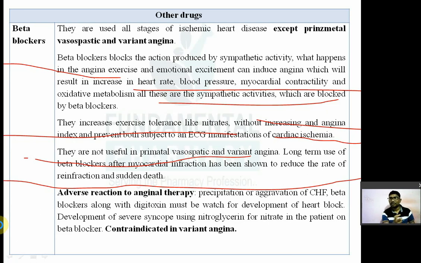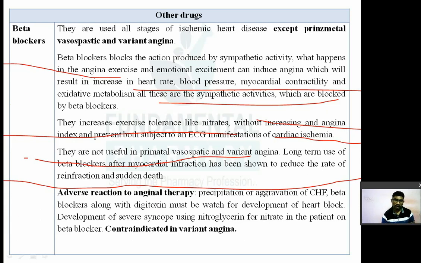Now if that infarct moves from coronary artery to small coronary arterioles, that will block the coronary arterioles and whatever the blood supplied by that arteriole, that area will die. That is known as an infarct. And if a large area of the heart is involved, it is known as a myocardial infarction.